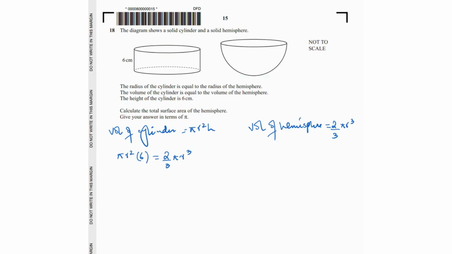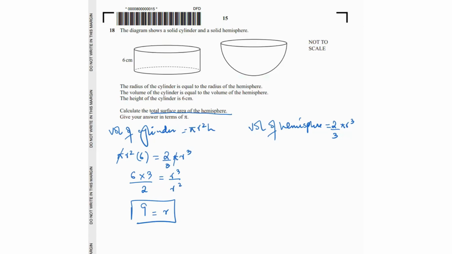The pi is getting cancelled out. And we're left with 6 times 3 over 2 equals r cubed divided by r square. These two get cancelled out because pi divided by pi is 1. So this is going to be 9, and this is going to be r. So radius is 9.